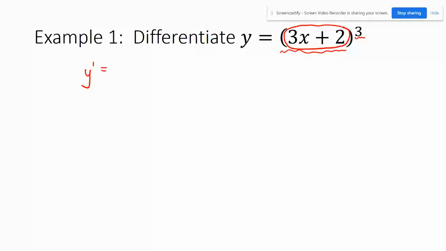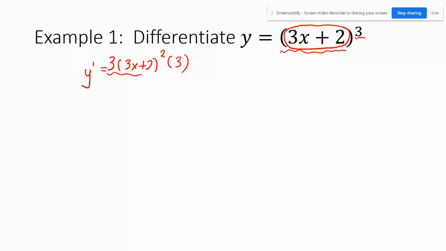The first thing I'm going to do is take the derivative of the cubic function part. That means the 3 comes down in front, and then it becomes (3x plus 2) squared. So this is the derivative of the cubic part. But we also have the linear function, which is 3x plus 2, and the derivative of the linear function is just 3.